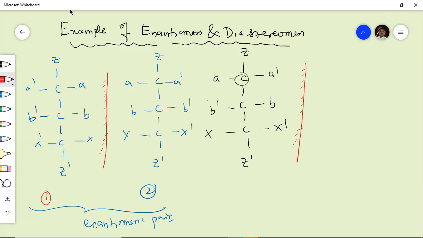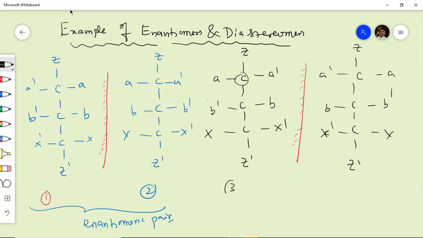These mirror images are non-superimposable. Here also we have Z dash, you write A dash, B dash, X dash, and B dash here. So nothing matches with the other. So we have the third figure and fourth figure.